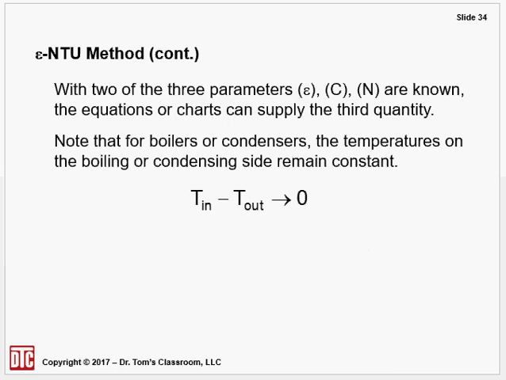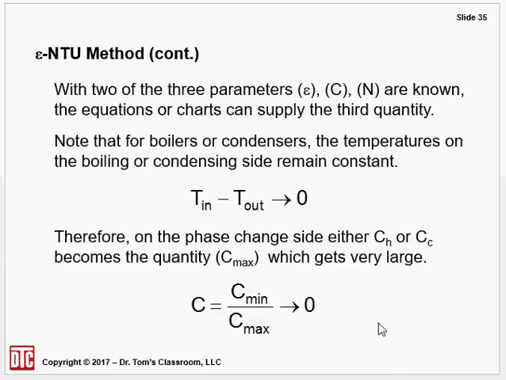Therefore, because of that, the C sub max gets very large. In your definition, C is C minimum over C max. If C max starts getting really big, then C goes to 0 on that boiling or condensing side. So that's kind of a nice thing.